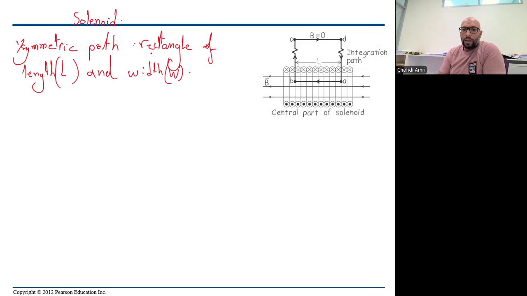Rectangle A, B, C, D. Why do we choose a rectangle? Because you see that the shape of the solenoid is like a rectangle. So step number two, we write the law.